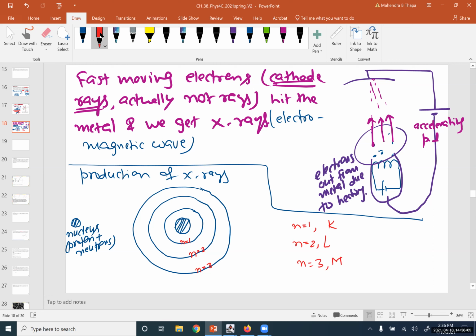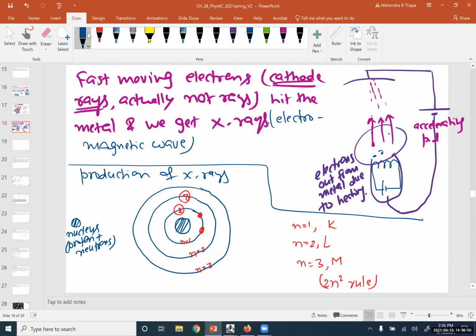Electrons in each orbit, in general, follow the 2n square rule. So the first orbit may have 2 electrons, the second orbit may have 8 electrons moving around this center. Say for example we have 2 electrons over here.